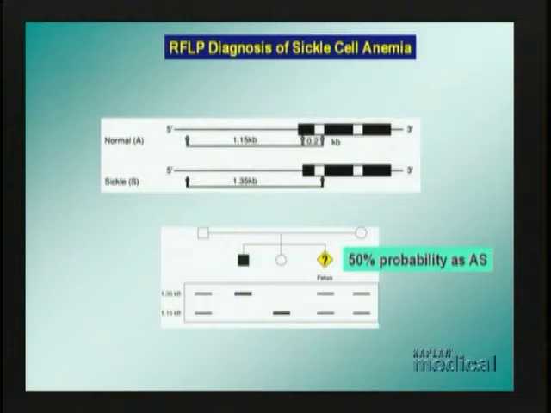So the father as well as the mother must be carriers, and they're passing on the trait to the fetus with a 50% probability of being a carrier, a 25% probability of being normal, and a 25% probability of being homozygous for the sickle beta globin allele. Now that's based on the pedigree alone. All you can say is probability. But with the power of the RFLP analysis, we could determine precisely what the outcome of the fetus is.